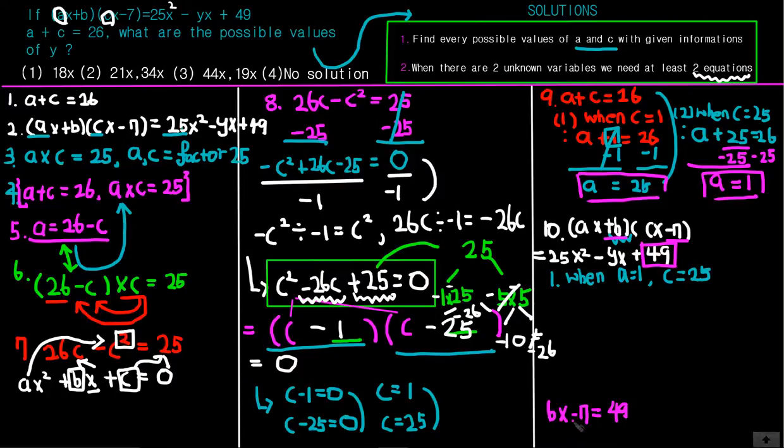So negative 7 divided by negative 7, we will get b is equal to negative 7. So we can say that our b value is 7, and we can just swap it into a negative 7.